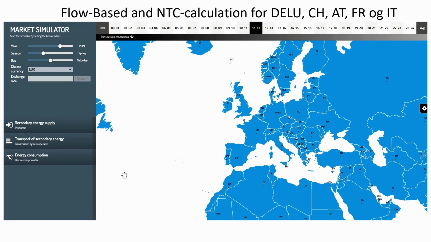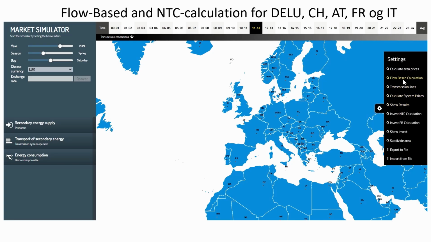Now I'm inside the experimental version of the power market simulator, where it is possible to calculate both flow based and normal trading capacity calculations. I click here on France, Switzerland, Italy, and Austria, and then I make a flow-based calculation.